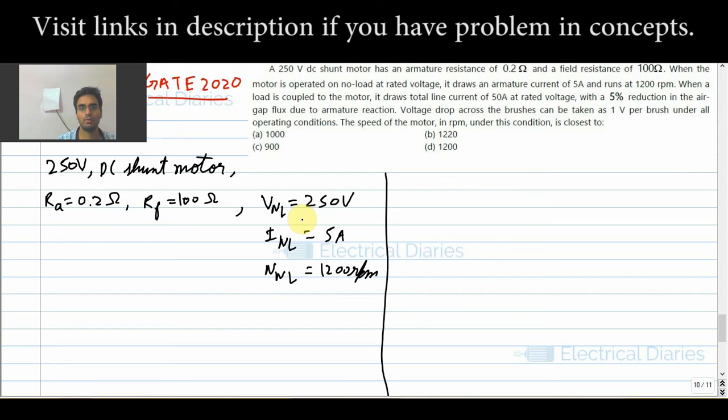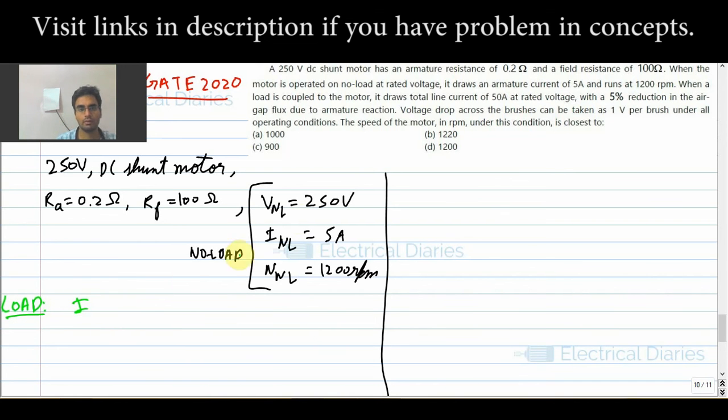Now when a load is coupled, so this was the data for no load. Now he is saying that in loaded condition, it draws a total line current.